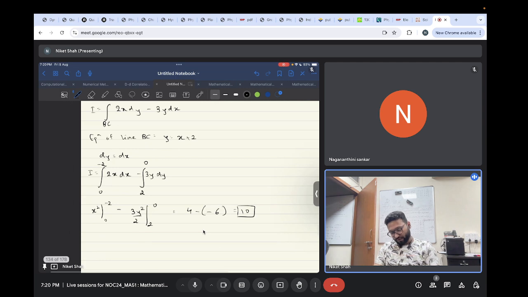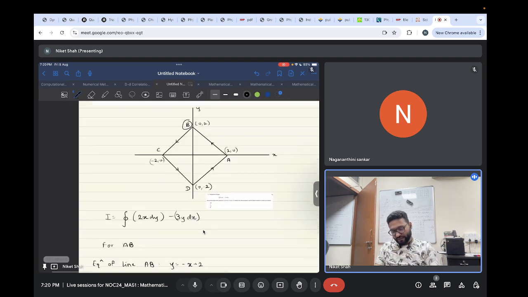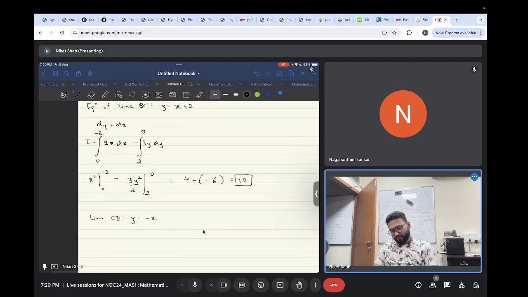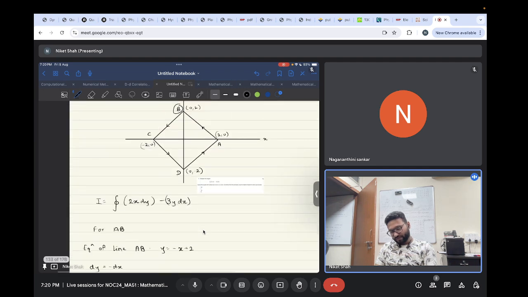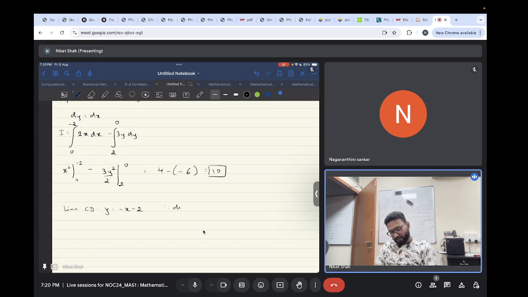Now for the third and the fourth contour, now for CD, line CD, y is equal to, I was going like this, it's minus x minus 2, because the y-intercept here is minus 2 at D. So minus x minus 2, therefore dy is equal to minus dx.